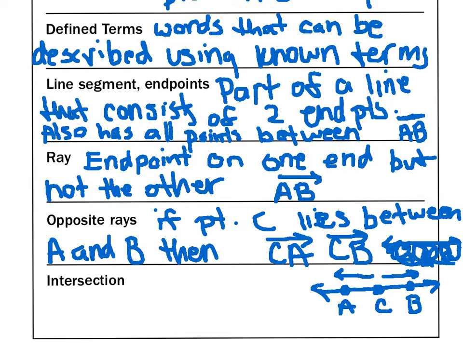Notice they have to be on the same line, so they have to be collinear to be opposite rays. Also know that you cannot name this AC and CB because it has to have the endpoint of the opposite ray first when you name them.